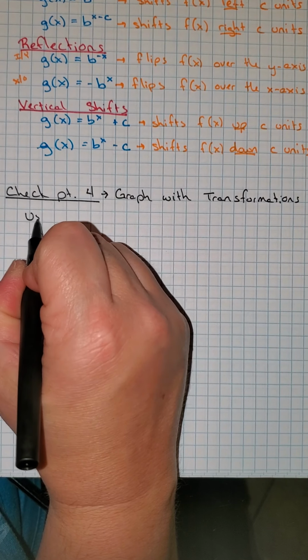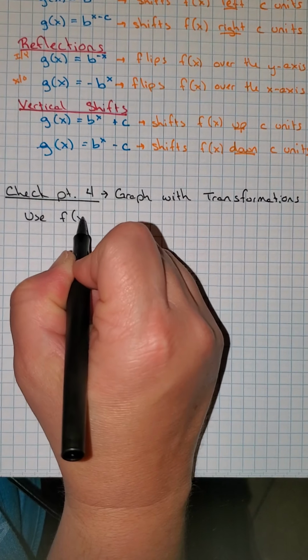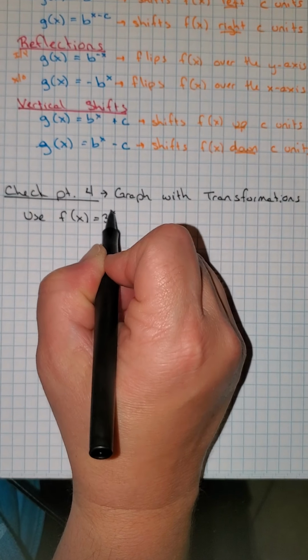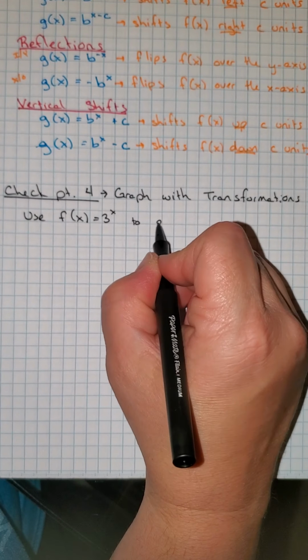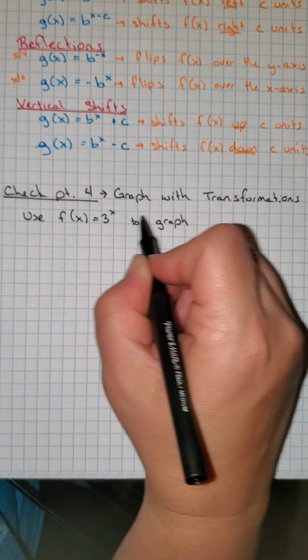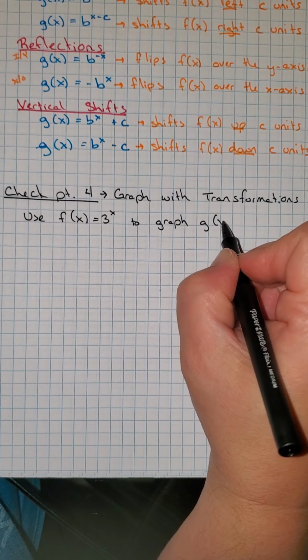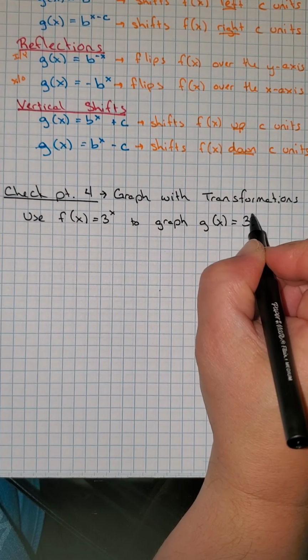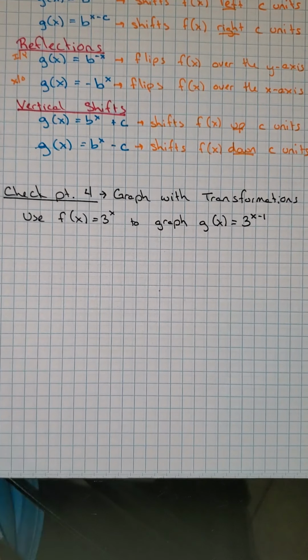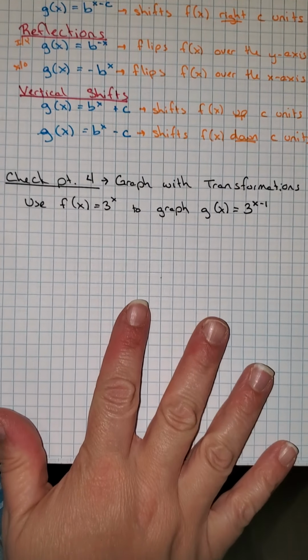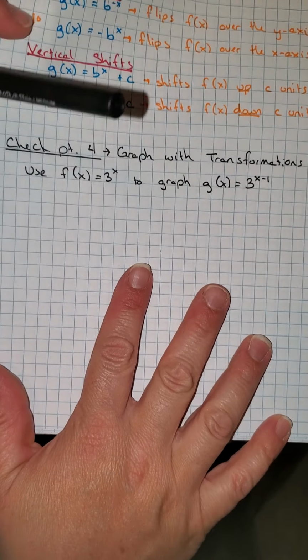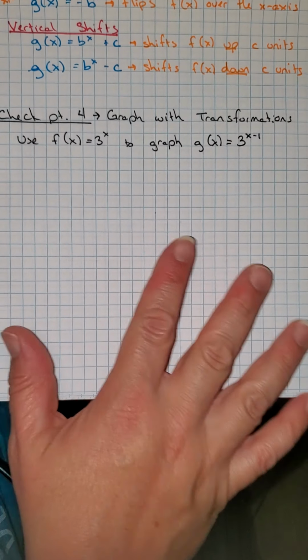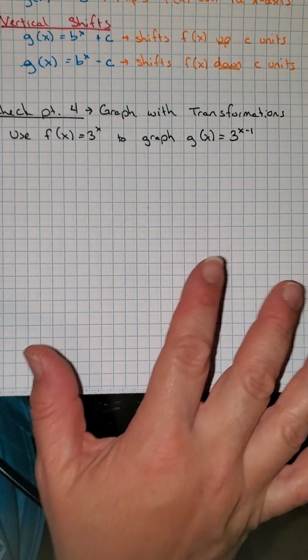We're going to use f of x equals 3 to the x to graph g of x equals 3 to the x minus 1.